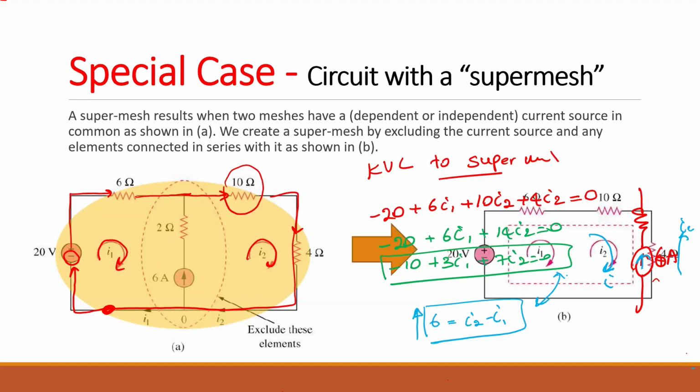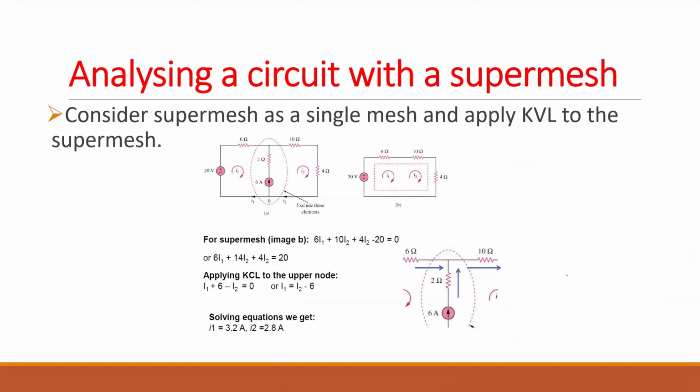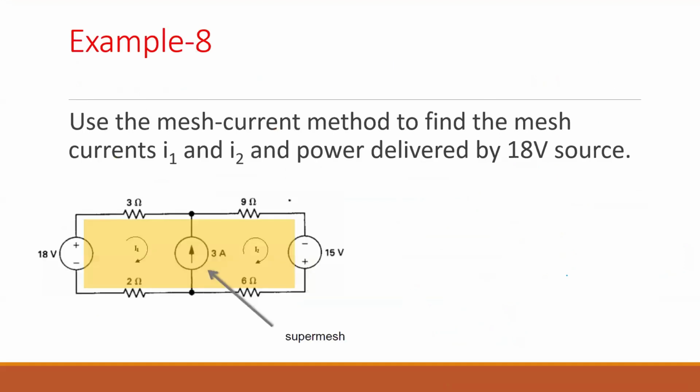But now I want you to write the mesh equations for this one. I want you to write the KVL for mesh 1 and mesh 2, sorry, the super mesh. Why do we have a super mesh here? Because you have a current source shared by two meshes. It doesn't have to be a current source alone.